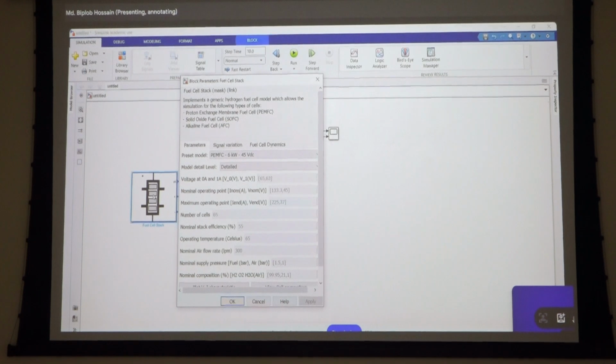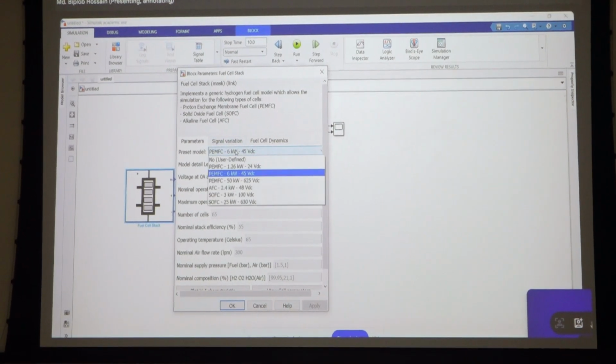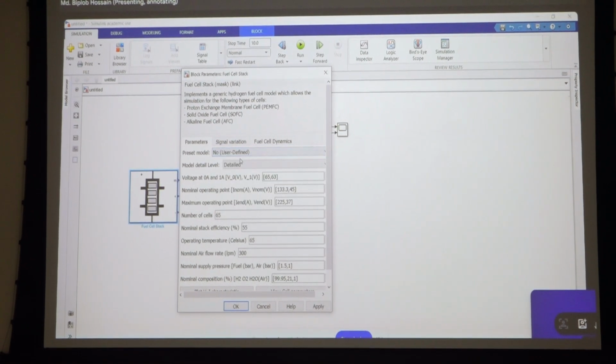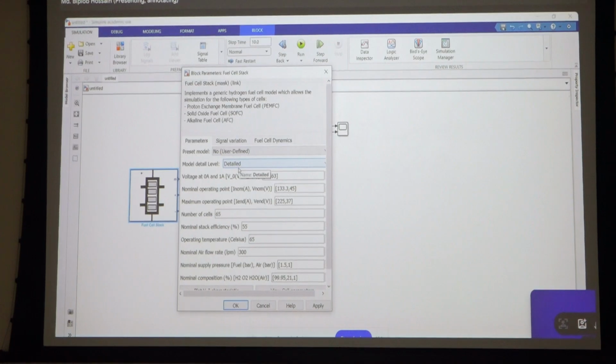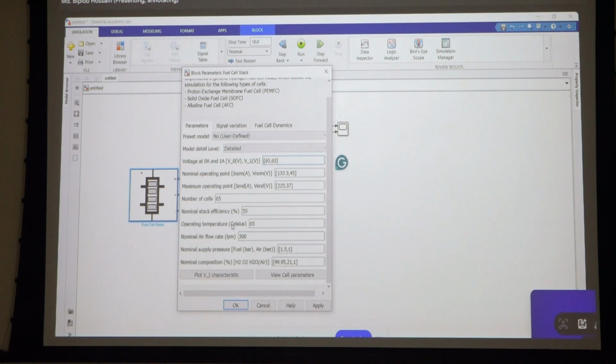If you double click here, you can choose user defined. Then you need manufacturer values, like what would be the open circuit voltage. You need these manufacturer values to complete your user defined model. If you have any hand-calculated value, you can use this one.